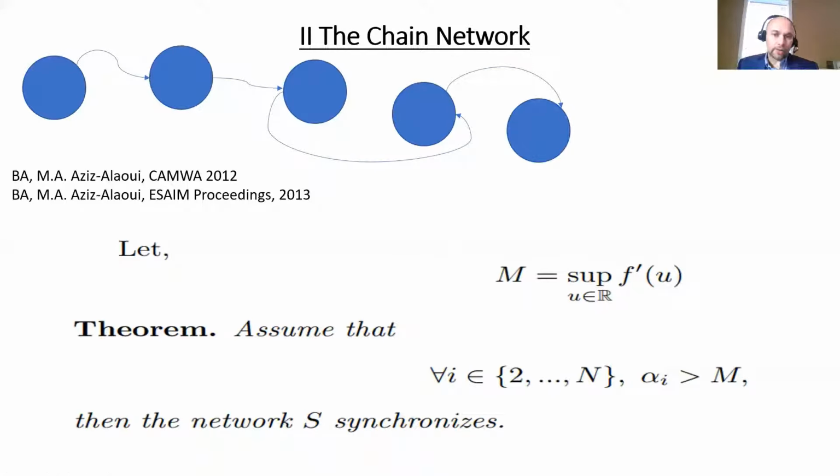So we have this theorem. We denote by m the maximum of the derivative of f. And if we assume that for all i from 2 to n, alpha i is greater than m, then the chain network will synchronize.